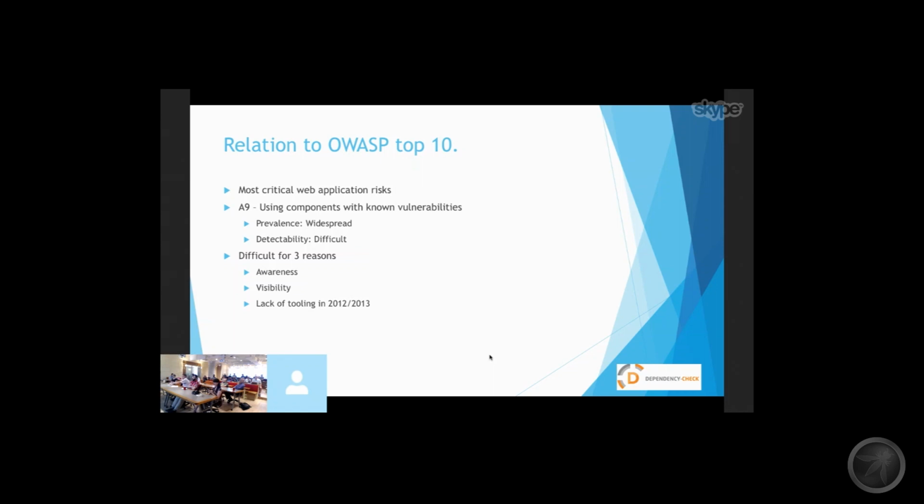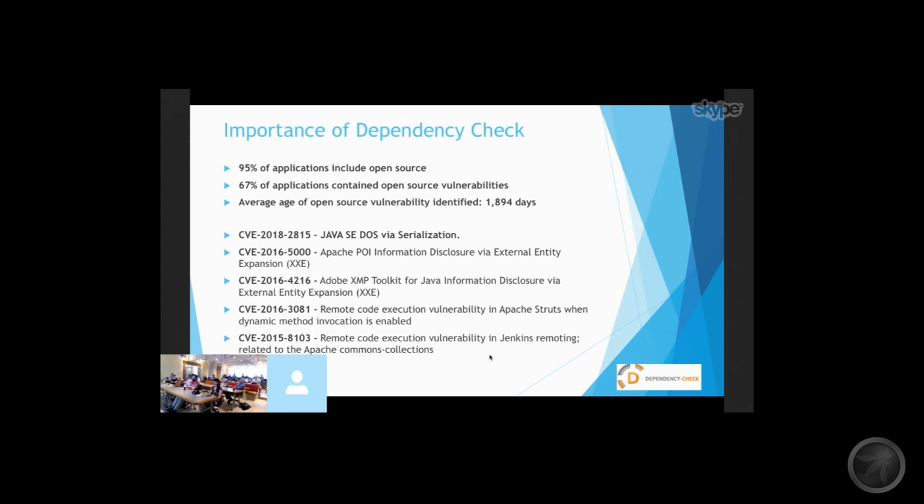I'll be highlighting certain issues that were talked about a lot in the past. Take this 2015 code execution vulnerability, which was the talk of the town, wherein nobody was ready to take ownership, neither Jenkins nor Apache.